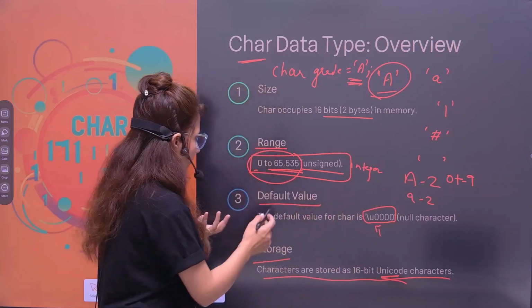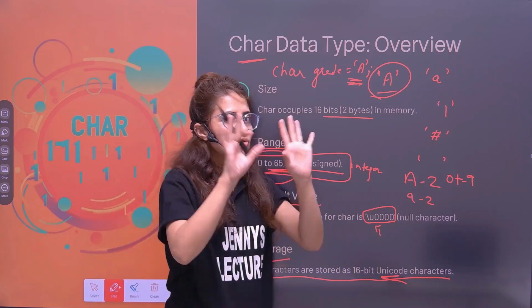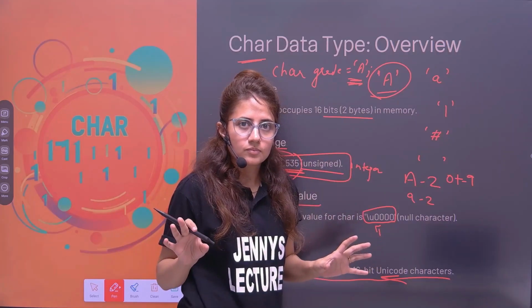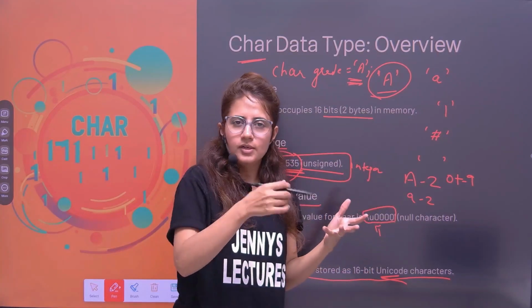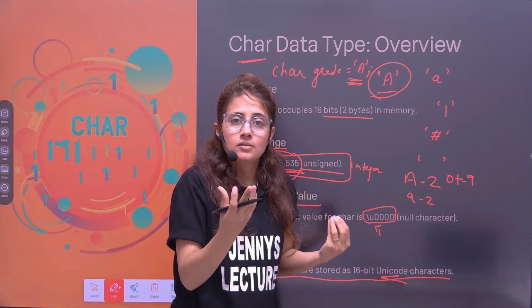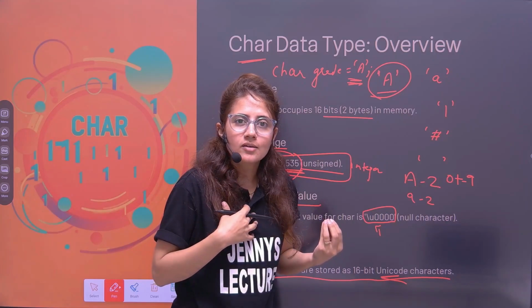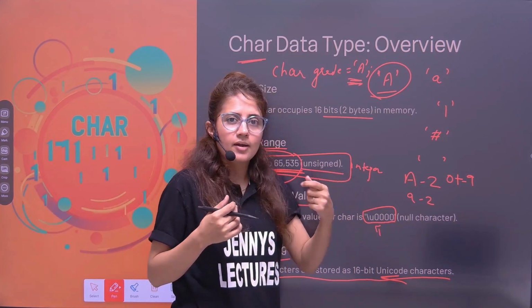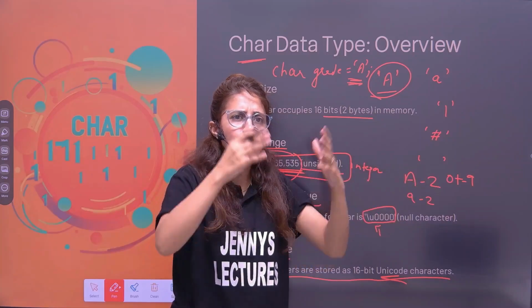So why this much range, right? See, there are so many languages in the world. Japanese, French, and many languages, even in India, like Tamil, Telugu. Each language has its own character set, its own symbols and characters. It's not that we know only ABCD and Hindi, and that's it. No, there are so many languages.